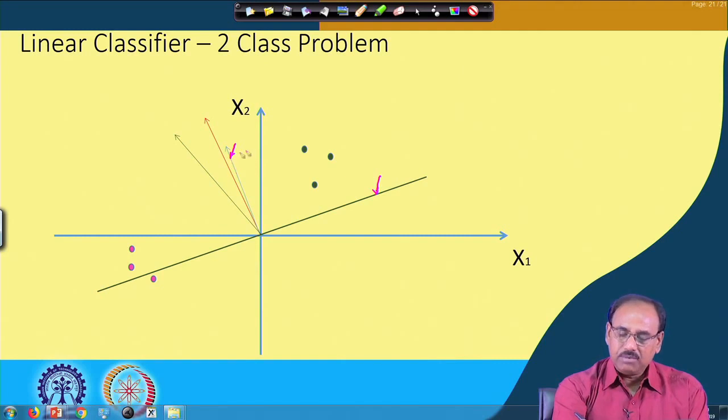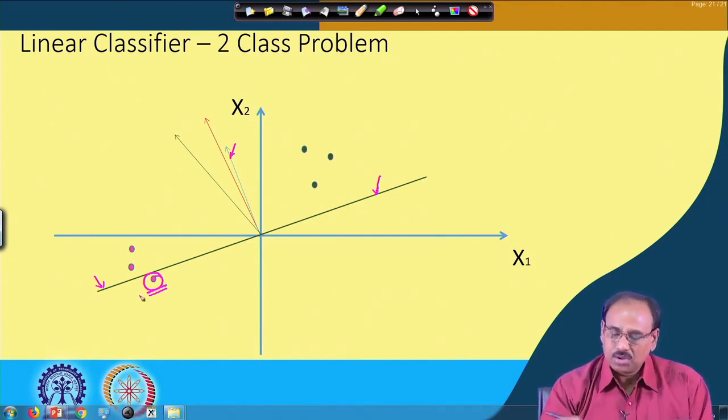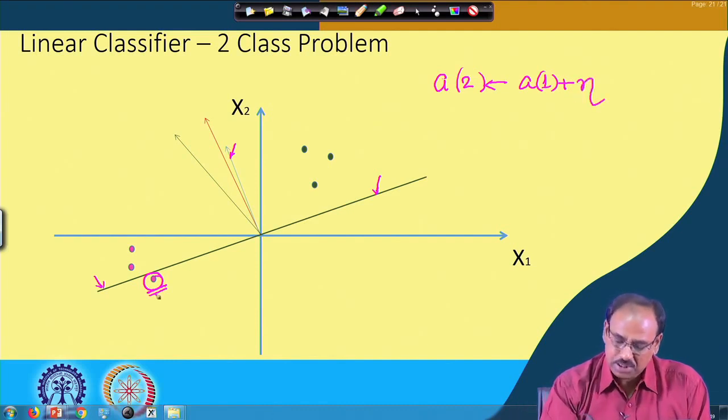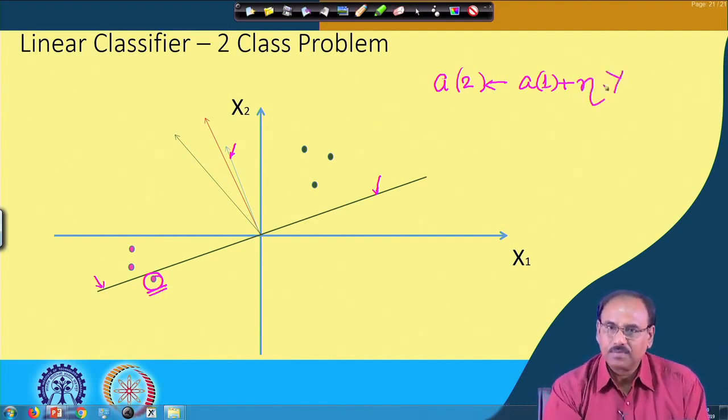So, this is my weight vector which falls on the other side of the solution region, and the sample which is misclassified by this separating plane is this one, right. So, the next weight vector that I should get, which is a 2, gets from a 1, the previous solution vector, which is this, and will be a 1 plus eta times this misclassified sample y.